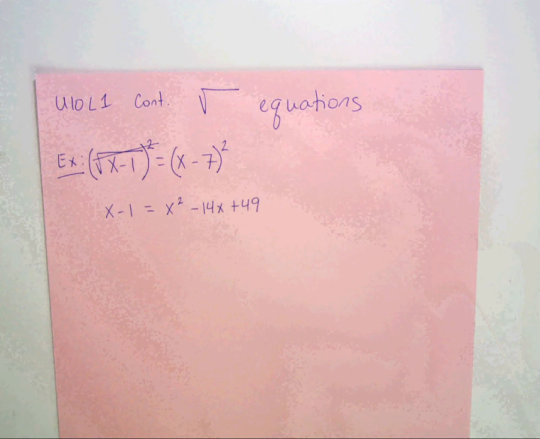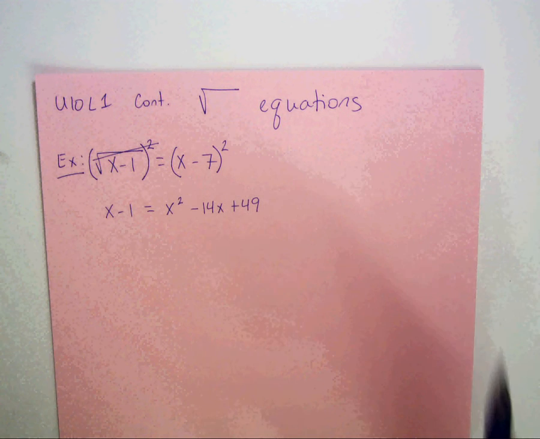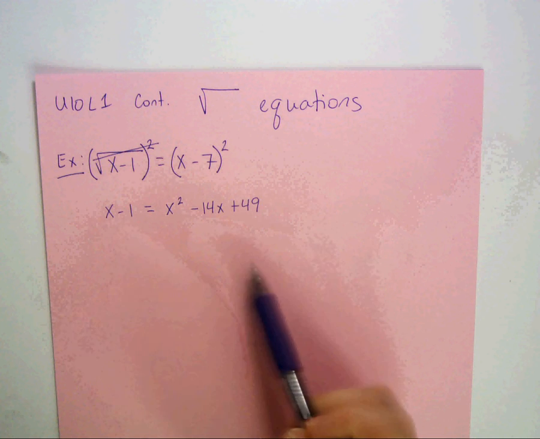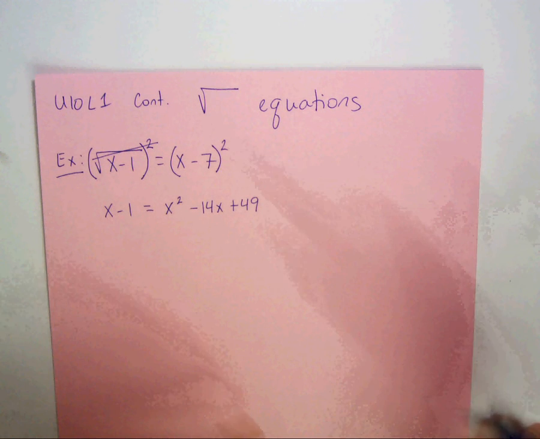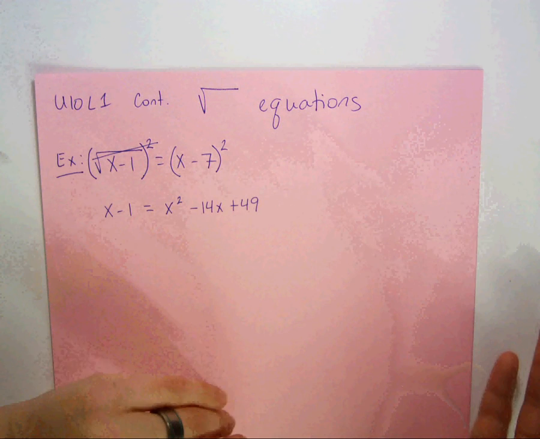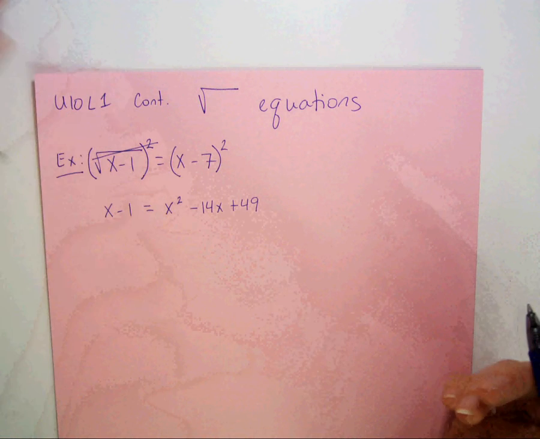And now I still want to solve this. This should look very familiar to what we had in Unit 9, solving our quadratic and linear systems. In order to solve this, I have to have all of my terms on one side of the equal sign. It doesn't matter what side, as long as I have 0 on the other side.